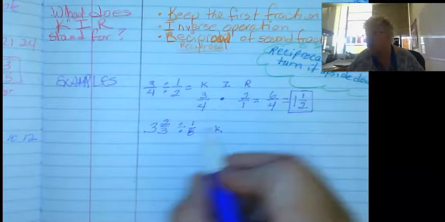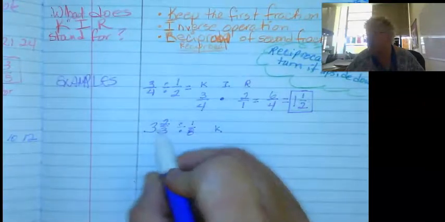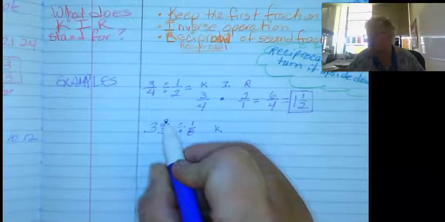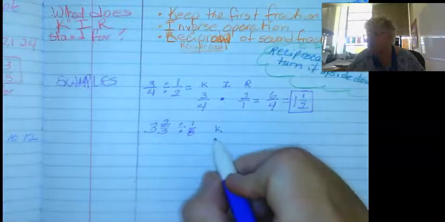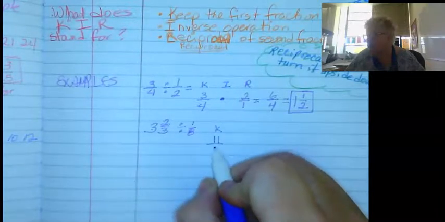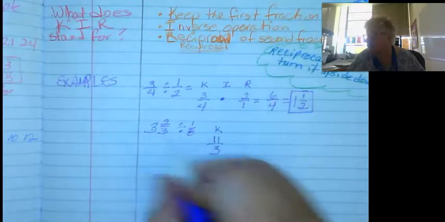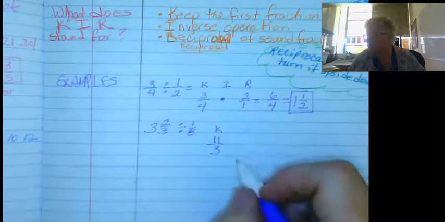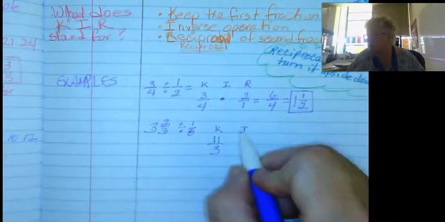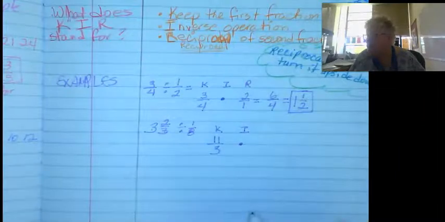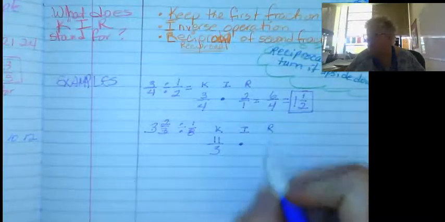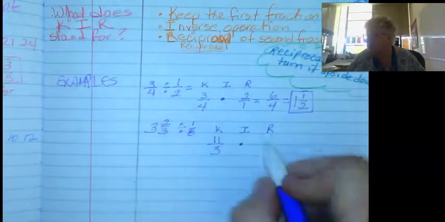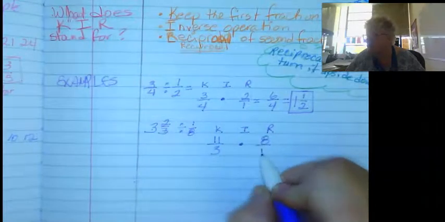We need to actually change this into 3 times 3 is 9, plus 2 is 11. So 11/3, that's the same thing. We just made it an improper fraction. We're going to I, which is multiply, and then we're going to R, which is flip it upside down, 8/1.